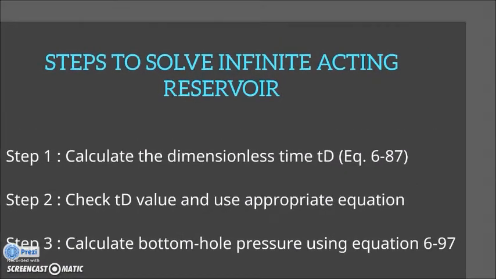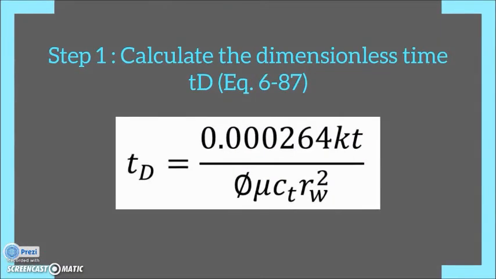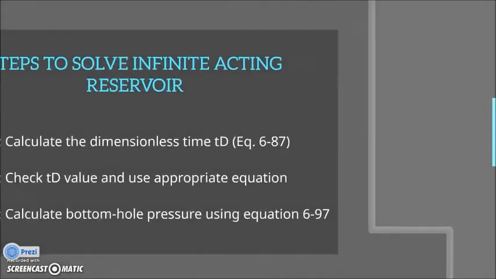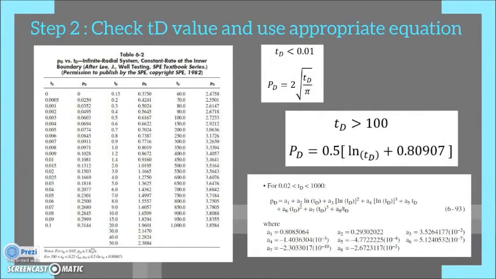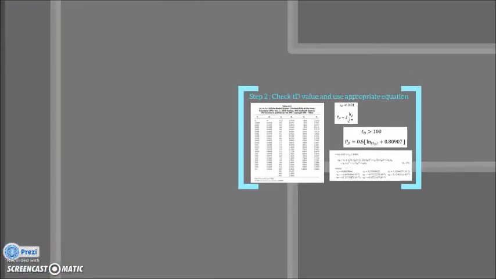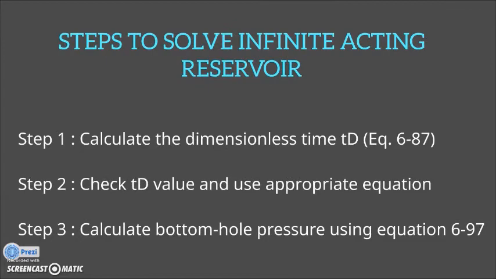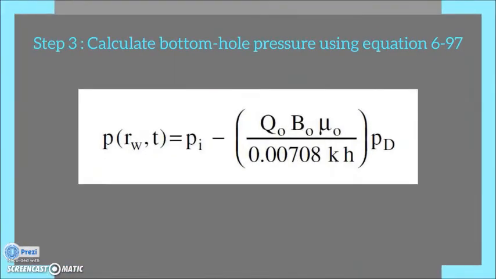First, calculate the dimensionless time tD using equation 6.87. Second, check the tD value and use the appropriate condition for dimensionless pressure, or we can read the value directly from the pD versus tD table. The last step, find the bottom hole pressure using equation 6.97.